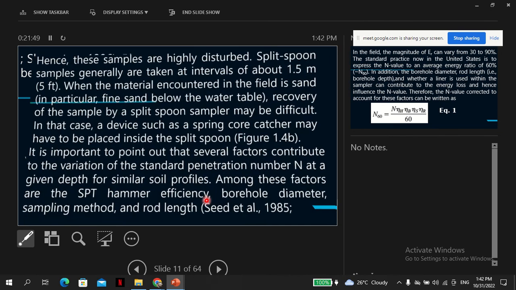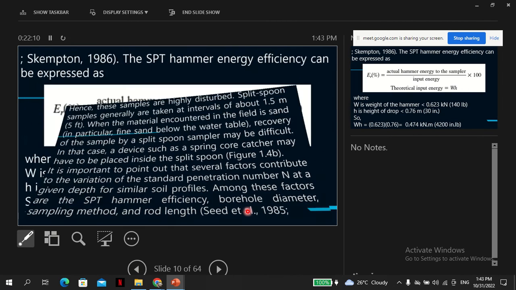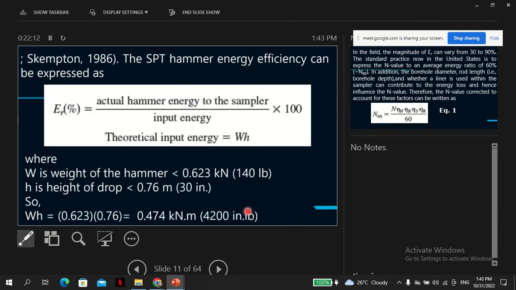The N that you have counted depends on the efficiency, borehole diameter and so on, so that value always will have to be corrected, and I'll show you how to do that. If you get an N of 5, that value needs to be processed a little bit before it is used.